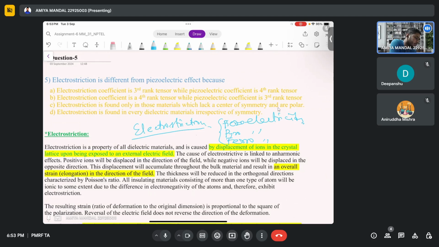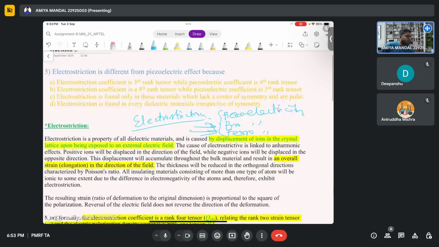This includes everything. Okay. In these cases you have seen that a third rank tensor d_ijk has been observed in piezoelectricity, but here we see that a rank 4 tensor is also observed.